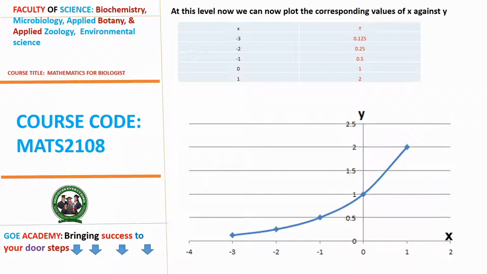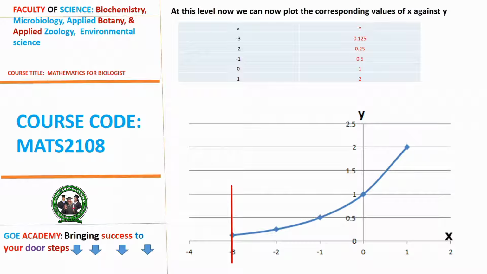So the very first thing, observe that the first value of x on my table is -3, right? So I simply go to my x-axis and I draw a vertical line on -3. The corresponding value at -3 is what? 0.125, which is on y. So I go to my y-axis and I draw a horizontal line where I have 0.125.